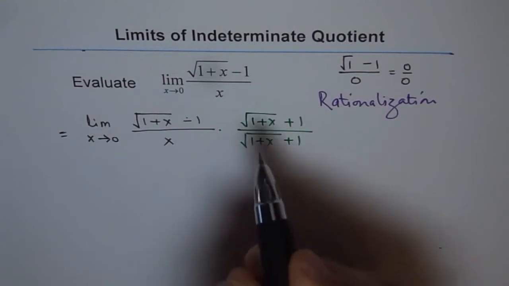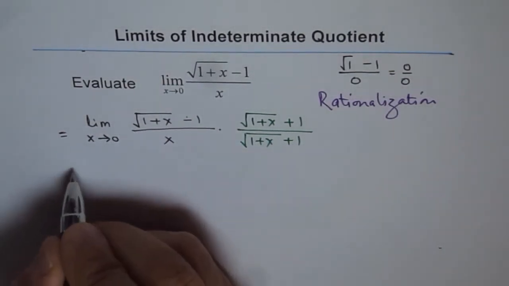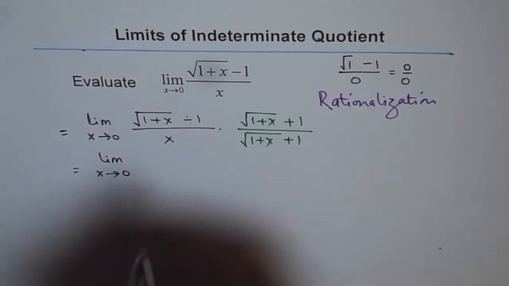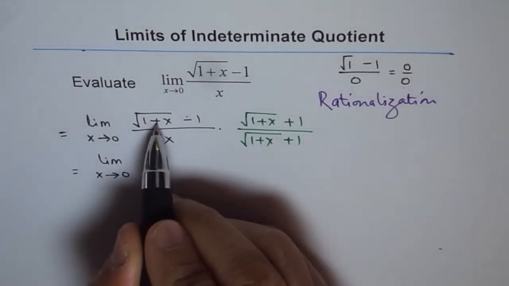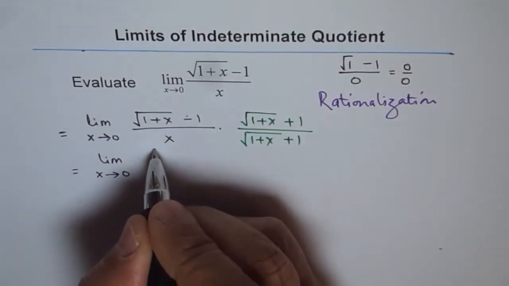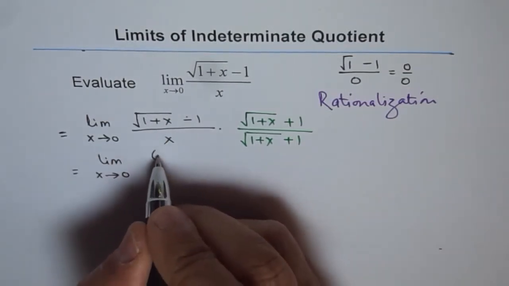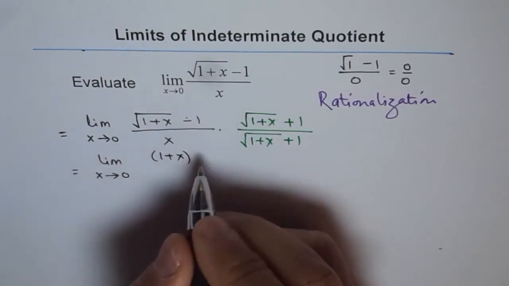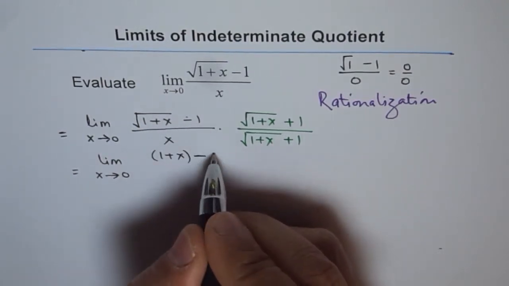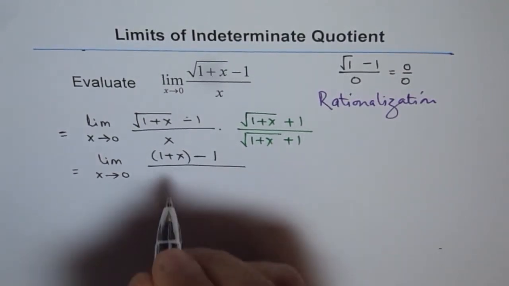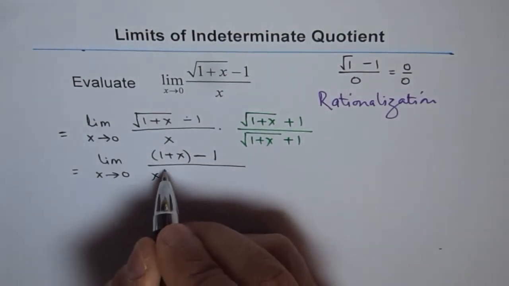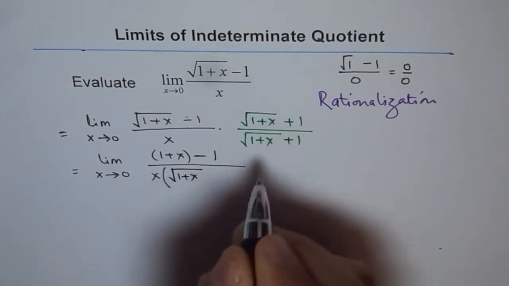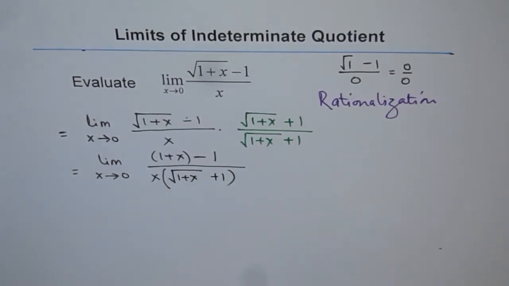Now, let's expand the numerator and not the denominator, right? Remember that part. So limit x approaches 0. In the numerator, we get a square minus b square, that is, we'll get rid of the square root. We get 1 plus x, the square of the square root of 1 plus x, minus the square of 1, which is 1, divided by x times, within brackets, square root of 1 plus x plus 1, correct?